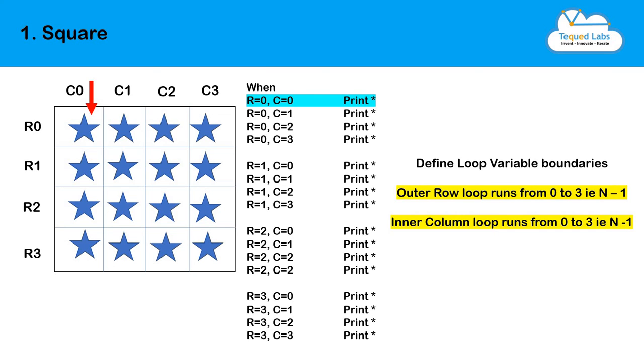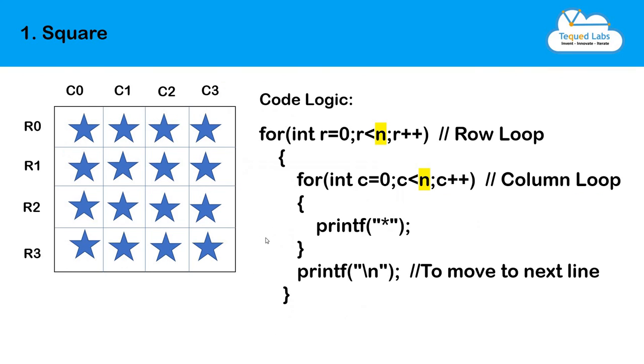So when R is equal to 0 and C is equal to 0, a star is being printed here. R is equal to 0, C is equal to 1, print another star. R is equal to 0, C is equal to 2, print another star and so on. Now this is going to be the logic to print this entire pattern.